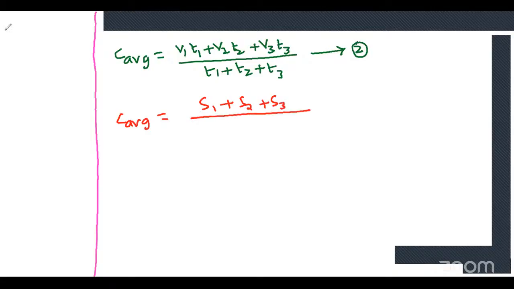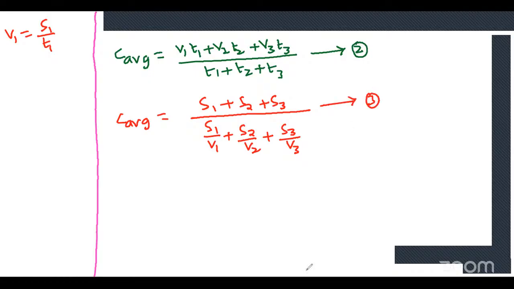We know that speed equals distance by time, so T1 I can replace as S1 by V1 plus S2 by V2 plus S3 by V3. So this is the third form.